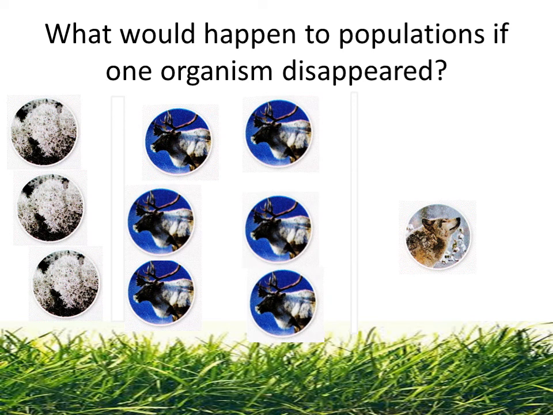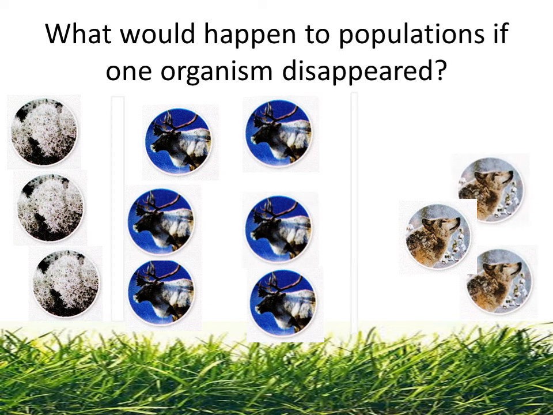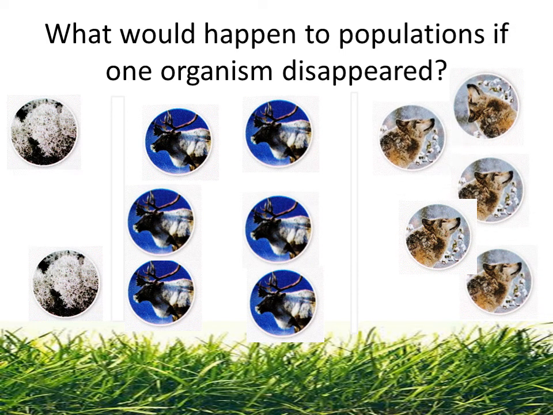And we had a very big population of caribou because they have enough food to eat. Who's going to increase because we have too much caribou? You got it right, the wolves. Many wolves will find too much caribou to eat and they will start to grow and reproduce.